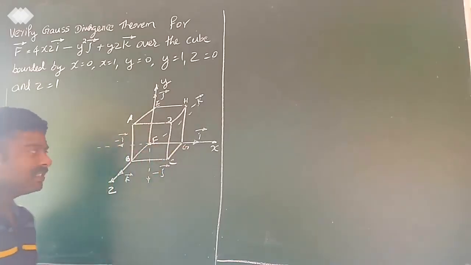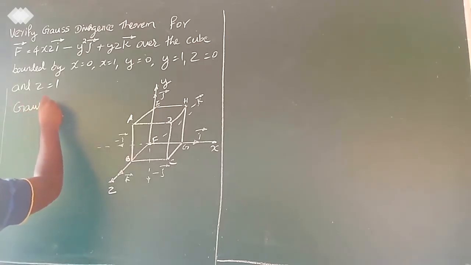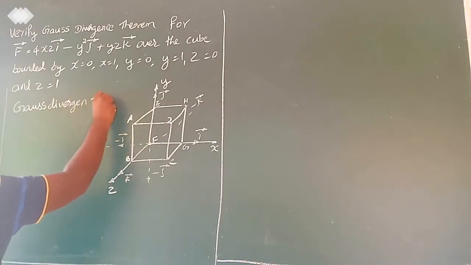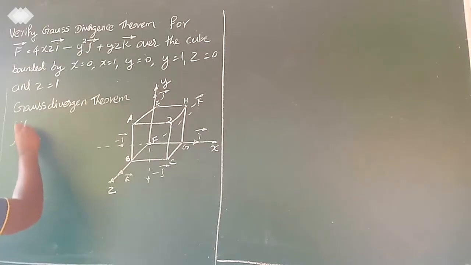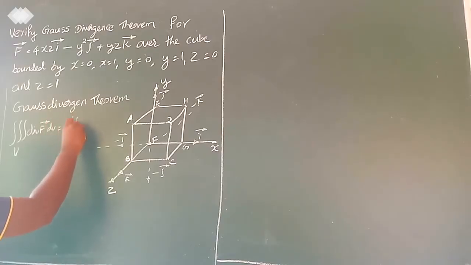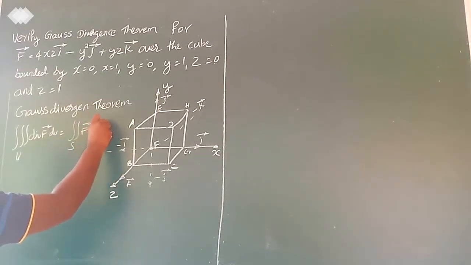So according to the Gauss divergence theorem, it is given by triple integral over V of divergence of f vector dv equal to double integral over S of f vector dot n vector ds.